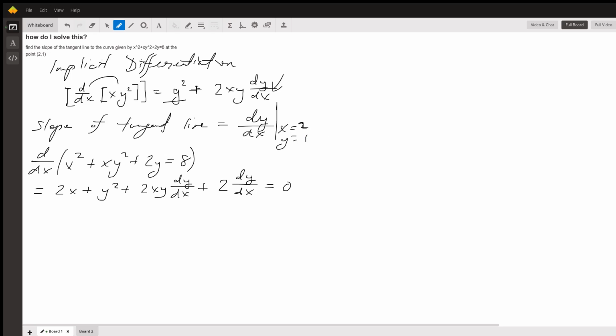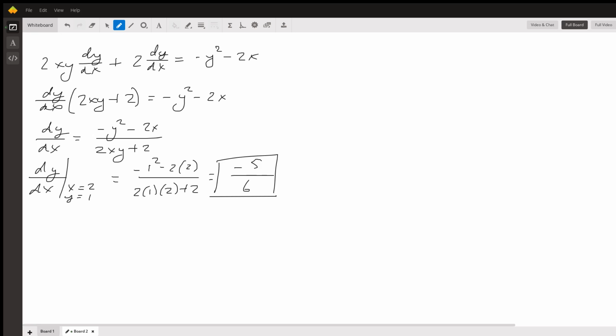So we take the derivative with respect to x of the entire function, and then what we get is 2x plus y squared plus 2xy dy/dx, because we differentiated this inner term, and then plus 2 dy/dx because we're implicitly differentiating this again. And also you bring the d/dx operator to all terms including constants, including 8, and that equals 0.